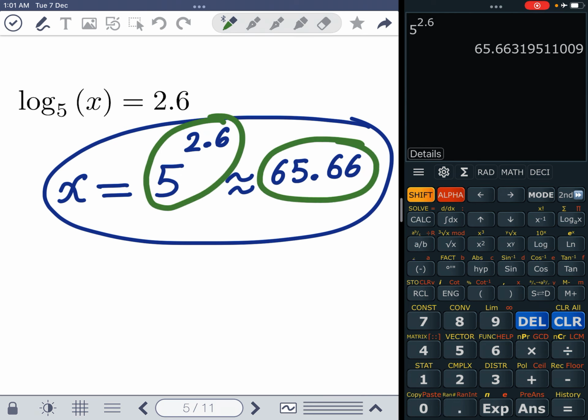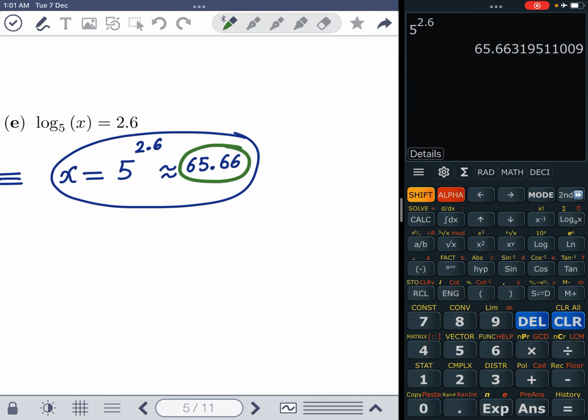But if you don't have this one, if all of them are approximations, you choose the closest one. Good. So this solves this easy question. And let's check it. Log base 5 of the x that we found, which is 5 to the power 2.6, is 2.6. Good.